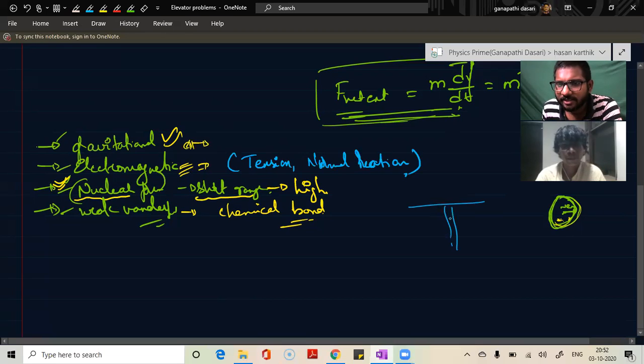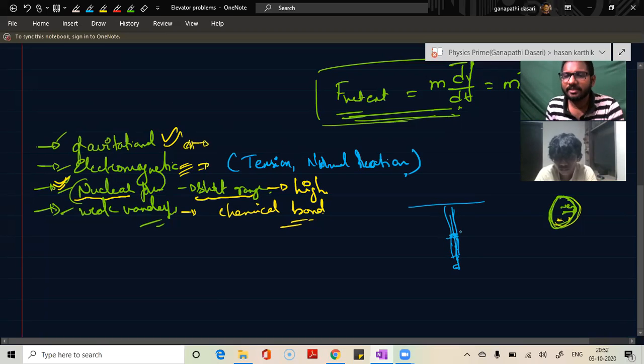When you tie a string, each string is taut, and when you try to separate the string, the internal electromagnetic forces, the molecular interaction forces between the molecules of the string, will hold the string together. That is why the tension force is an electromagnetic force.